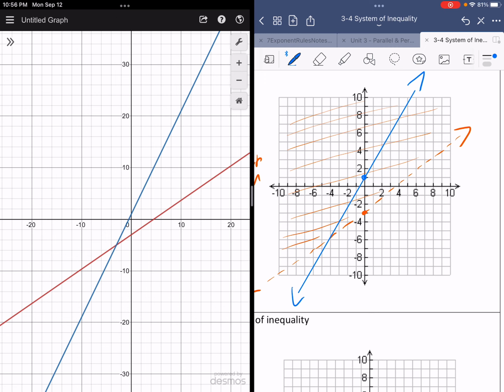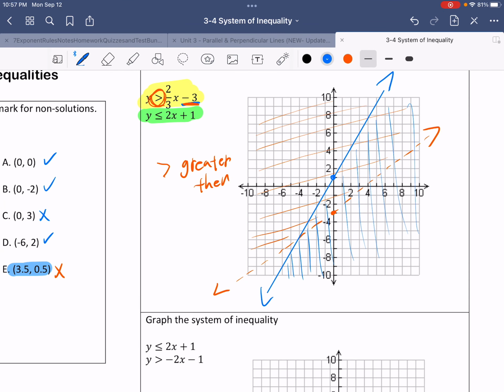And I have to shade bottom, so I will shade bottom. So as you can see, we have an overlapping area, which is right here. So what we're gonna do is, using a highlighter, I will highlight this part.